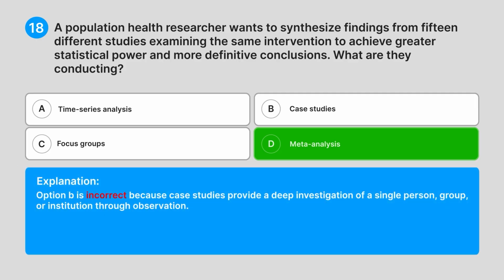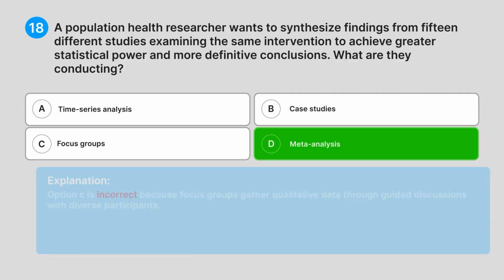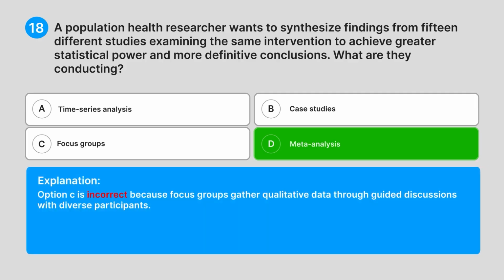Option B is incorrect because case studies provide a deep investigation of a single person, group, or institution through observation. Option C is incorrect because focus groups gather qualitative data through guided discussions with diverse participants.